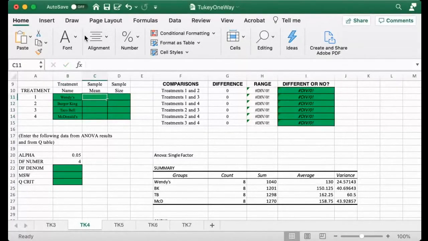Now sample mean. All of these are 8. Oops, I'm sorry, that's sample size. Sample size is 8. That's our N. 8, 8, 8, 8.